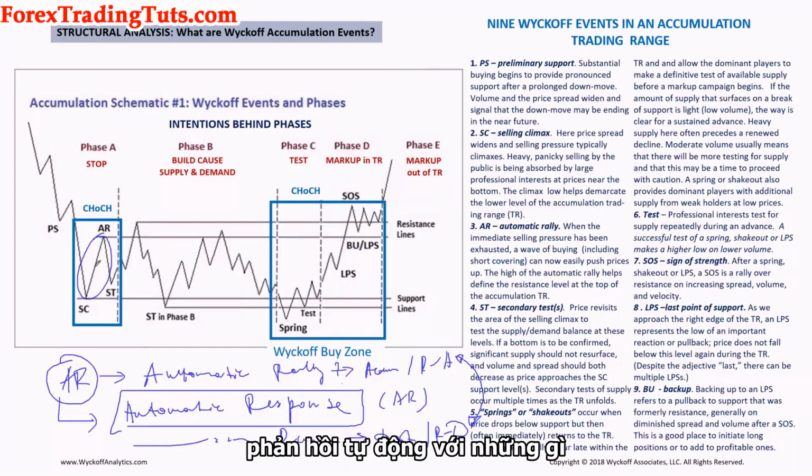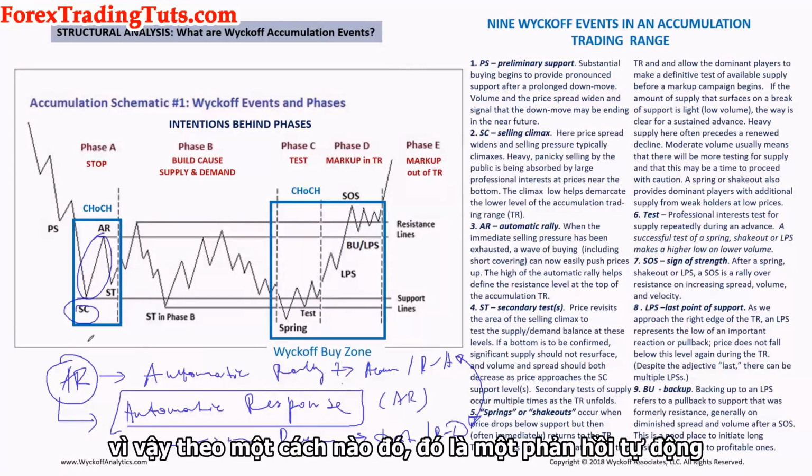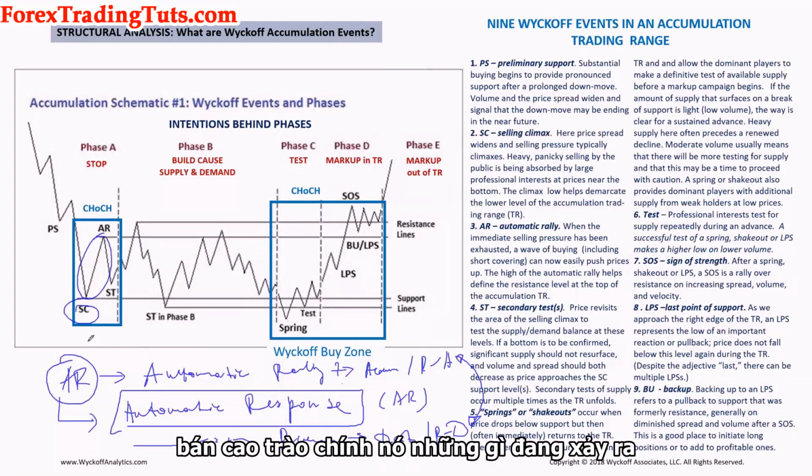Automatic response to what? It's an automatic response to the change of behavior that we have around the selling climax. So in a way, it's an automatic response to the selling climax itself, what is happening at this point. We also sometimes mean that automatic, meaning that it's almost like a technical rally, right?